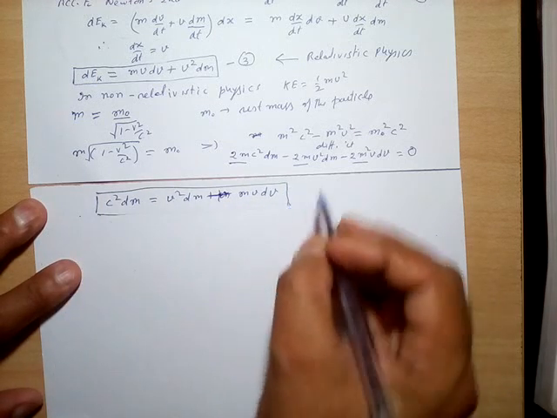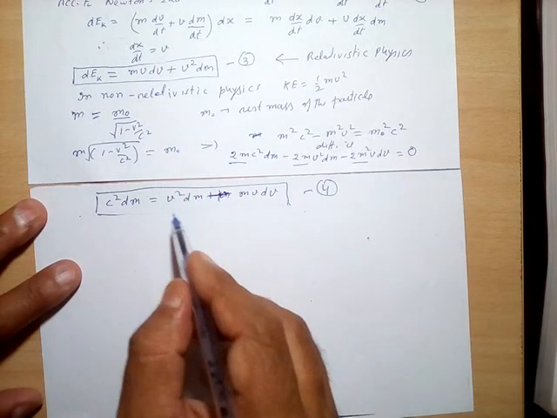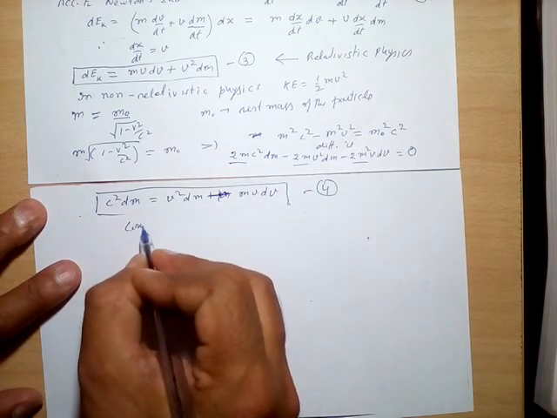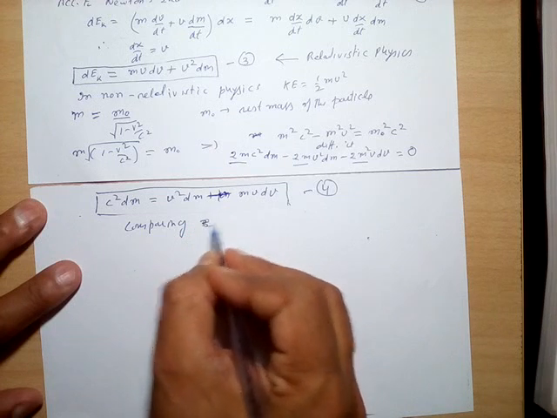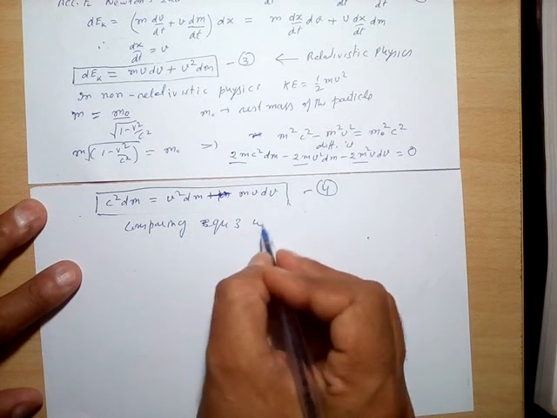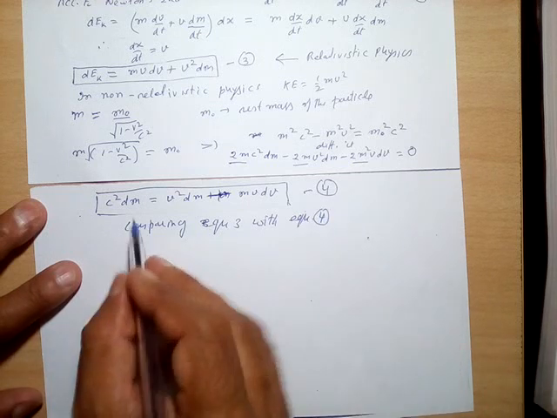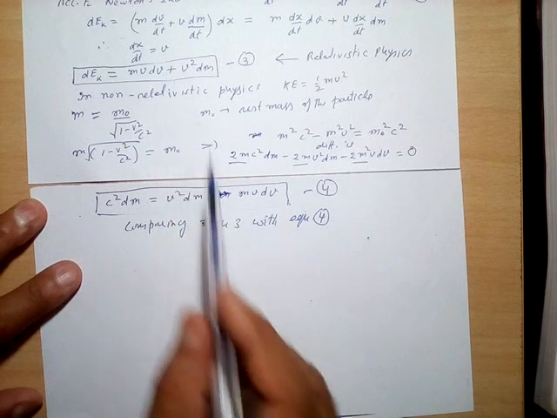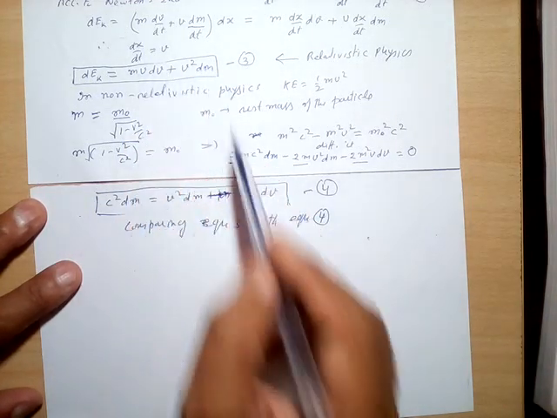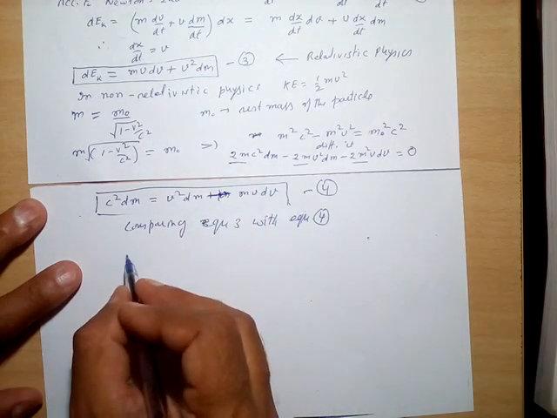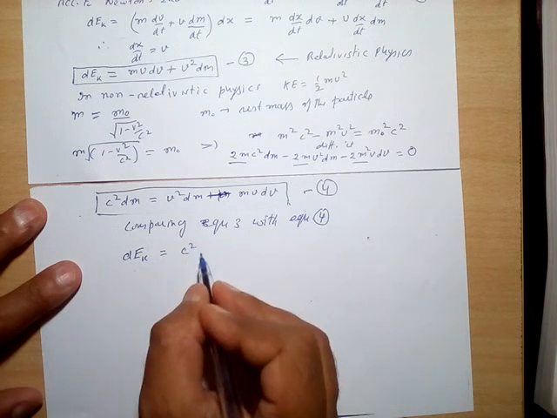So let us call this expression 4. Now on comparing equation 3 with equation 4, we know that the right-hand sides of equations 3 and 4 are the same, so I can write dEk is equal to c square dm.